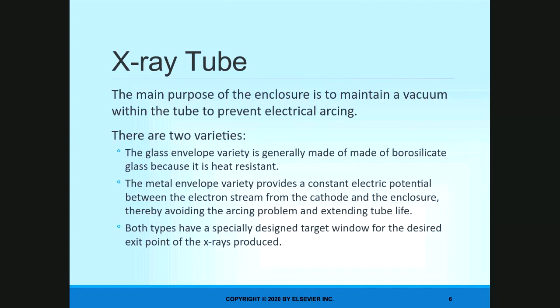And if there was any air present in that tube, the electrons that are found in the air would contribute to the electron stream, and it could cause arcing, which could damage the tube. And if the glass envelope was to arc or create an arc, because it's a vacuum, that tube would actually implode. It wouldn't explode, but it would implode and cause damage.